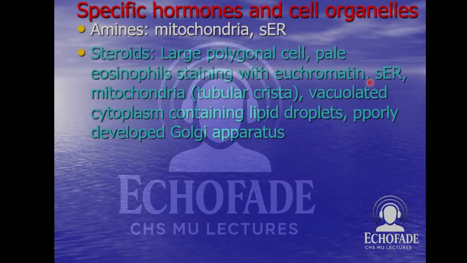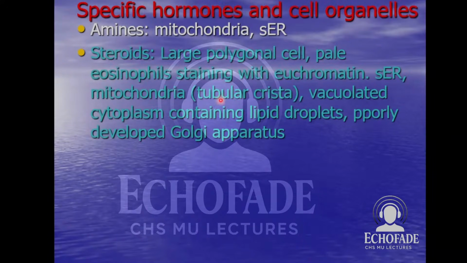In these steroid-secreting cells, they have very well developed smooth endoplasmic reticulum, and mitochondria that have tubular cristae. You know the cristae of the mitochondria can be rod-shaped, but these are tubular in nature.